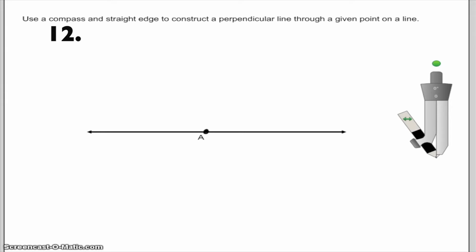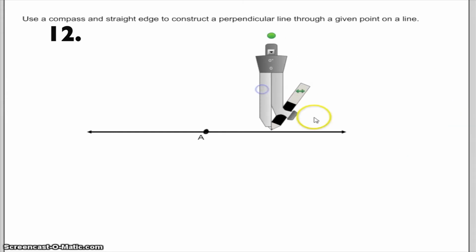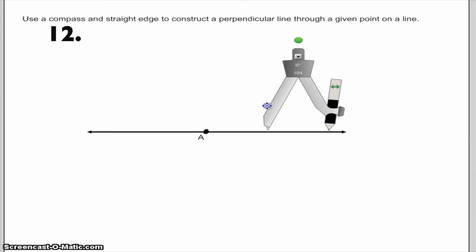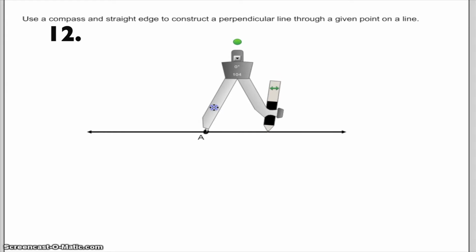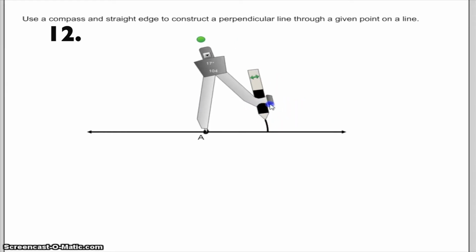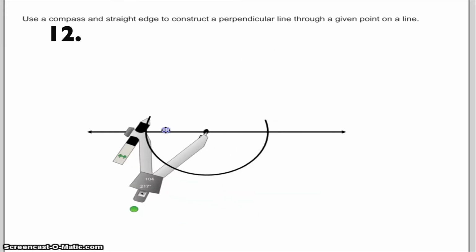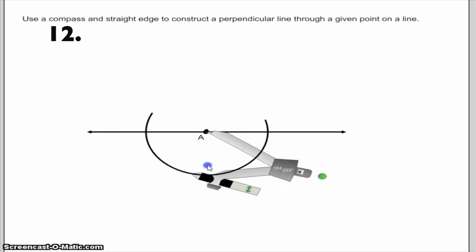So we want to construct a line that's perpendicular to the given line and that passes through point A. So let's move our compass, move the arm out a bit, and center it at point A. Now we'll draw an arc with center A.